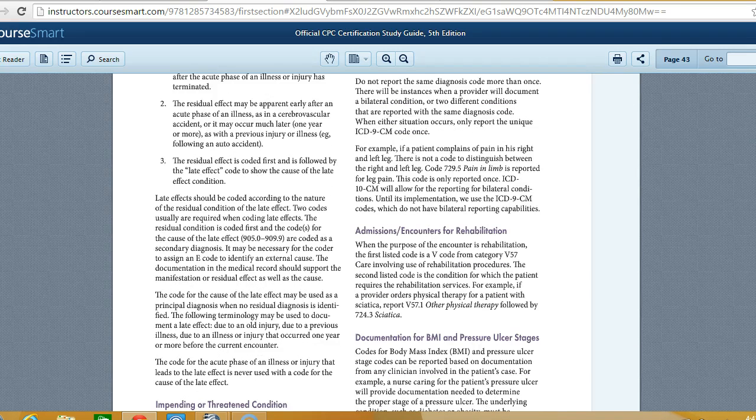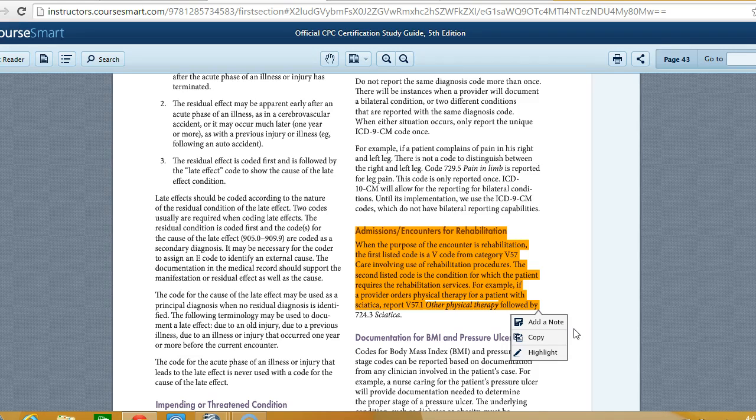Now, you all, when a patient is coming in for rehab and they are admitted for rehab, that is going to be code V57.1 for physical therapy. If they're coming in for speech or occupational therapy, those also have their own code as well.